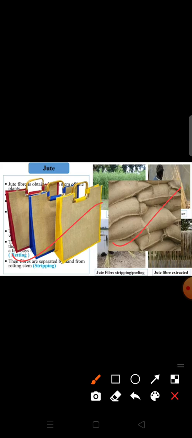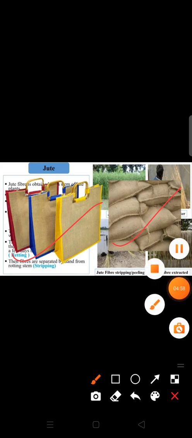It is used for the packing of linoleum. And today fashionable shopping bags, table mats, jute beads and jewelry are also available in the market. So there are so many uses of jute.